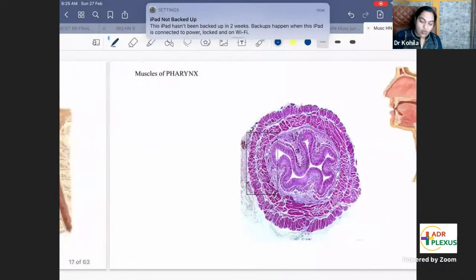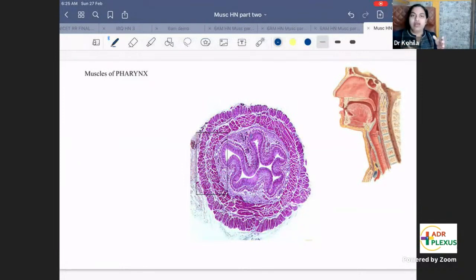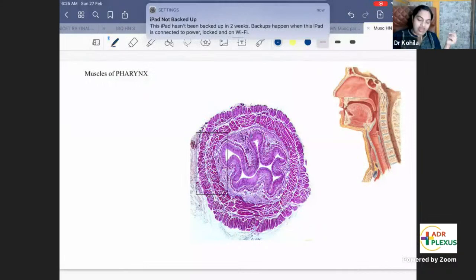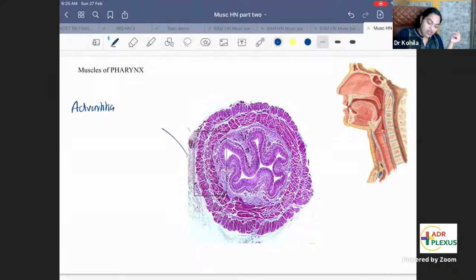Now, before we go on to the muscles of the pharynx, get an orientation to the structure of the pharynx so that it will be easier to understand. Imagine it's a food tube, right? What are the layers from outer to inner in any GIT? You have an adventitia or areolar coat on the outer aspect, and then the muscle layer.